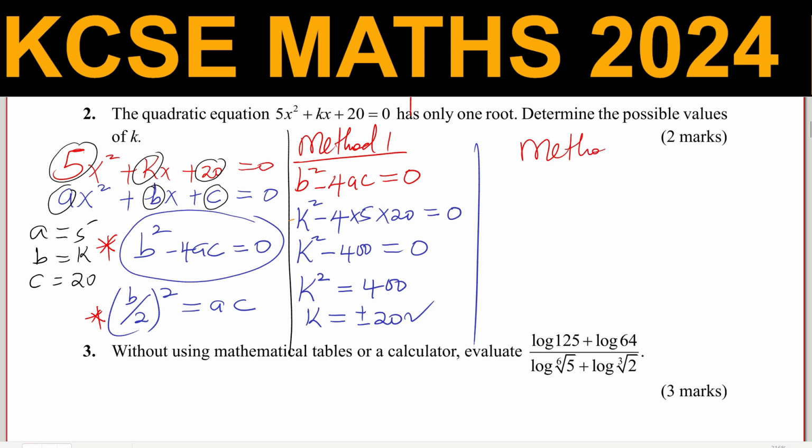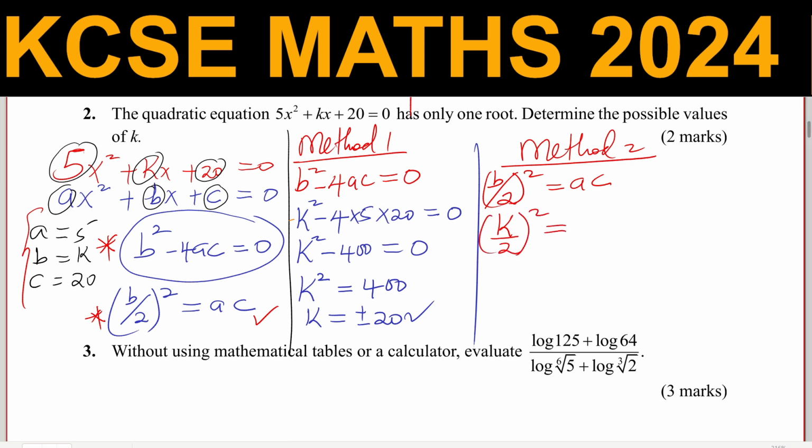So method 2 is where you're going to use the second one here. b divided by 2, squared, is equal to a multiplied by c. Remember these values: b is k, so this will be k divided by 2, you square that, is equal to a is 5 and c is 20.